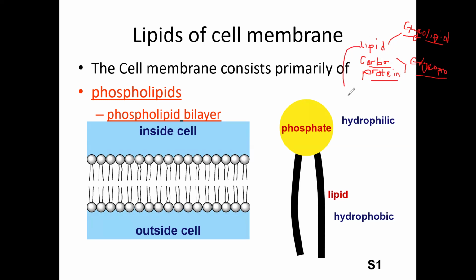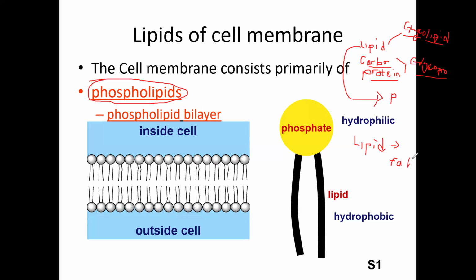And some of the lipids that are found in this cell membrane are complex lipids. An example of these complex lipids is phospholipids, as indicated here. One very interesting thing we should know is what a lipid is. A lipid is just an ester of fatty acids.